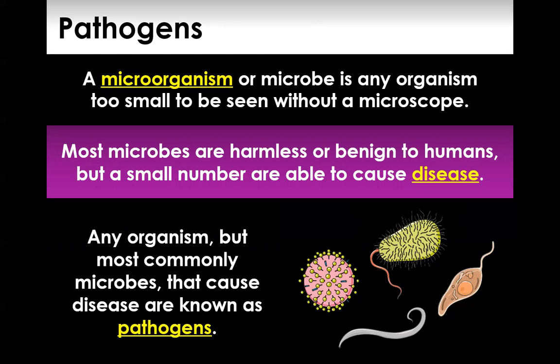We can only see them with a microscope. Microorganisms can also be called microbes. Most of the microbes are not harmful to humans, but the ones that are harmful are called pathogens. So pathogens are disease-causing organisms.